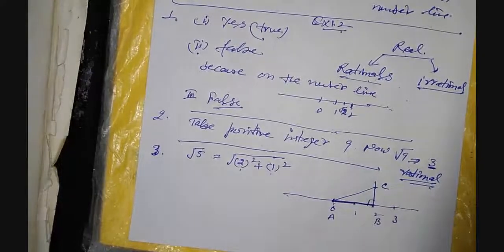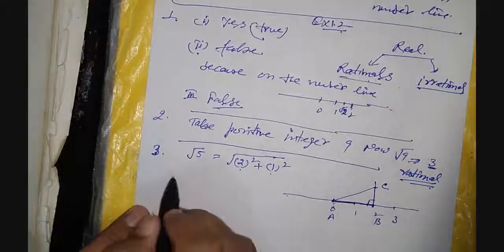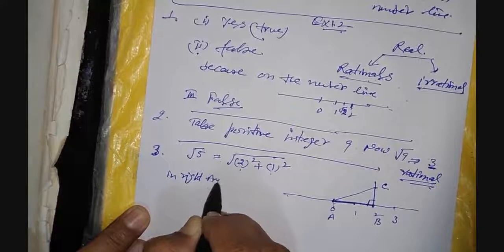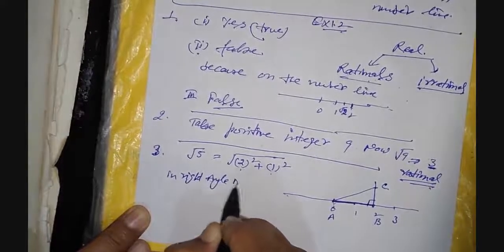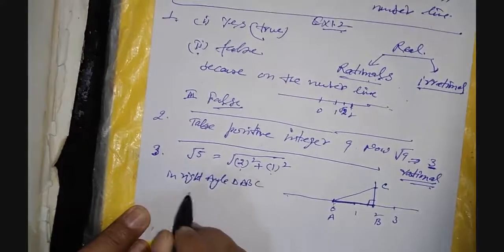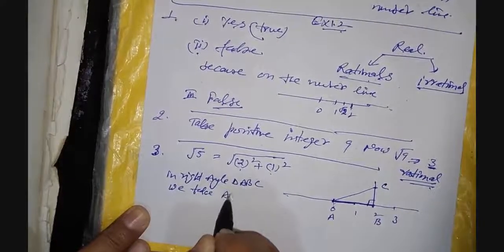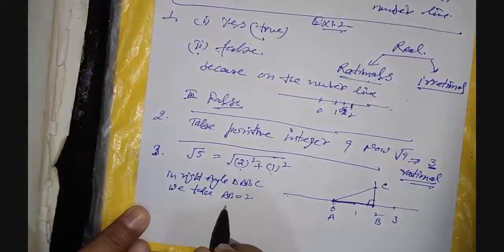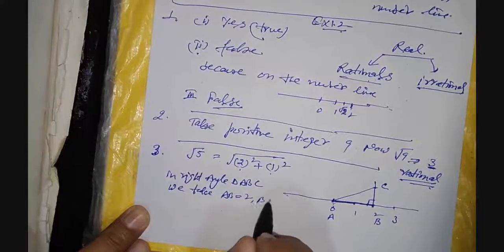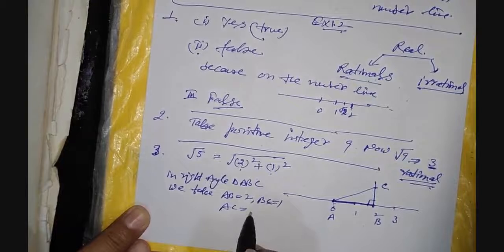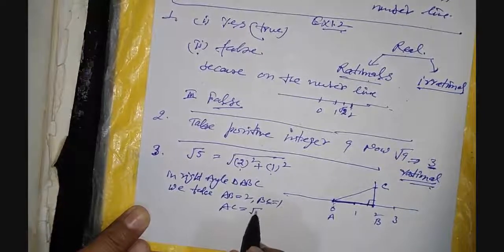So in right angle triangle ABC, we take AB equal to 2 and BC equal to 1 and AC equal to root 5.